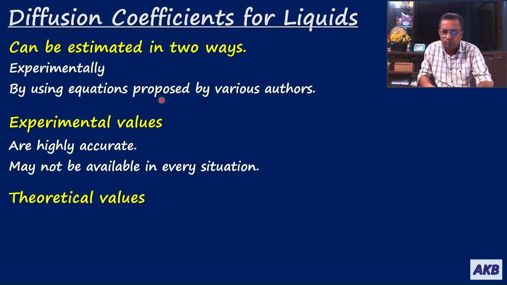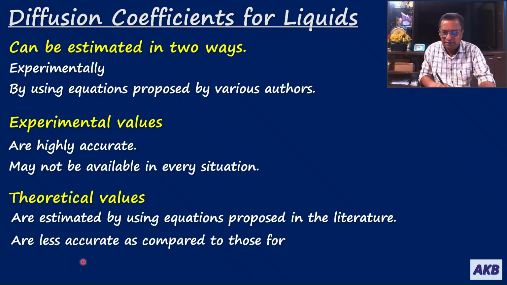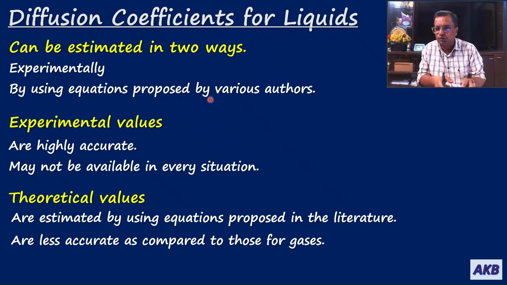The values that you get by using those equations are theoretical values. These theoretical values are estimated by using equations proposed in the literature. They are less accurate as compared to those for gases. That means if you compare theoretical values of diffusion coefficients for gases and for liquids, for gases you will have more accurate theoretical values. For liquids, the accuracy is somewhat less. And what is the reason for that?